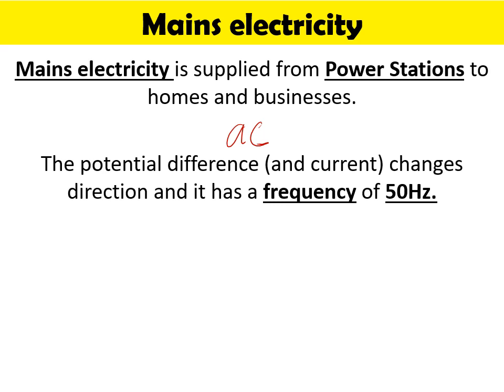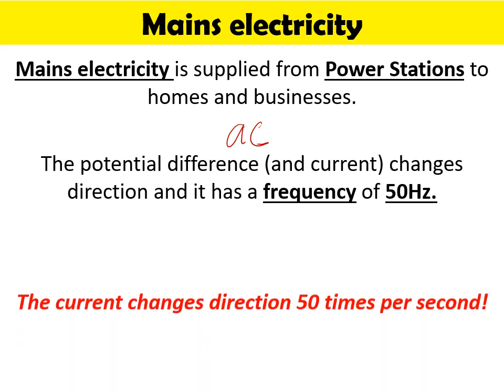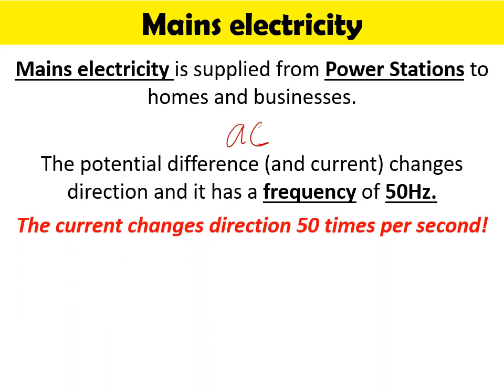So what does this frequency of 50 Hertz have to do with the change in direction? A frequency of 50 Hertz means that the current or the potential difference changes direction 50 times in a second. Yes, you heard me correctly. It changes direction 50 times in every second.